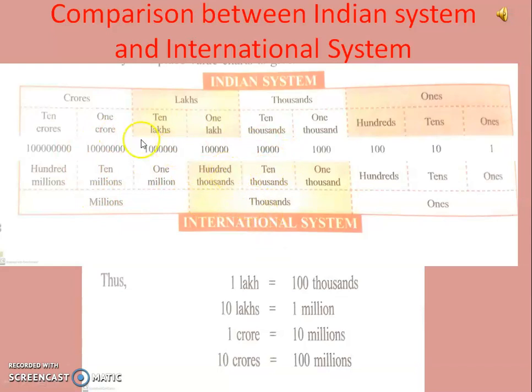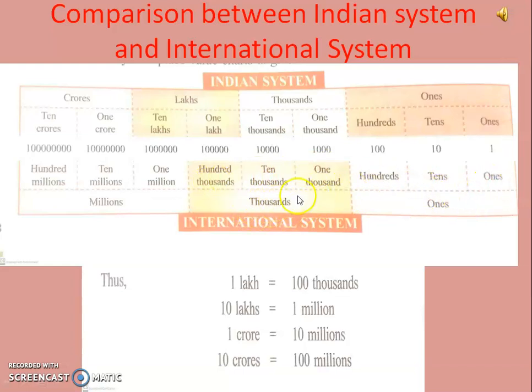In the Indian system we have 4 periods: ones, thousands, lakhs and crores. But in the international system we have 3 periods only: ones, thousands and millions. So in the international system we have three parts in every period. In ones we have ones, tens and hundreds.